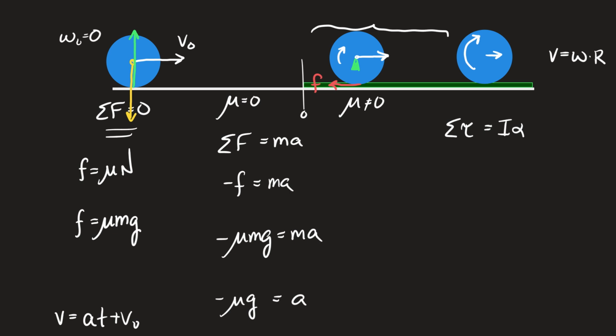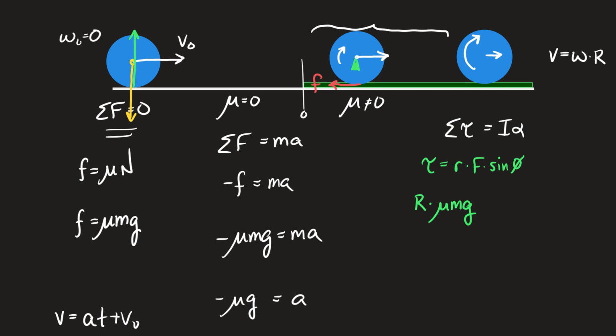So I'm going to remind myself that torque is R times F times the sine of an angle. And I'm going to look at where that force is applied and recognize that the size of this torque is capital R, the radius of my round thing, times the frictional force, which we already have derived.